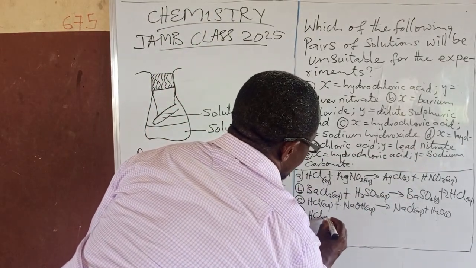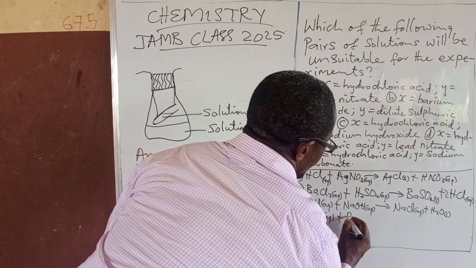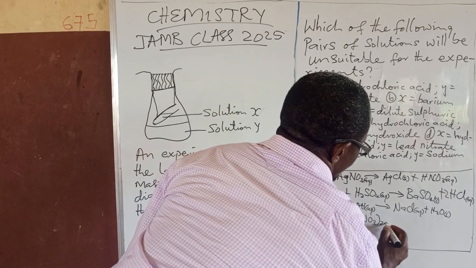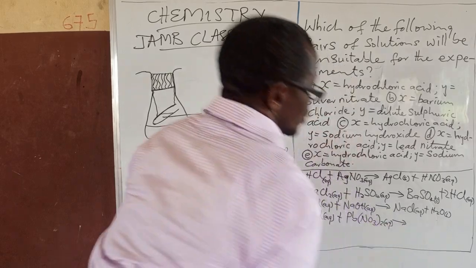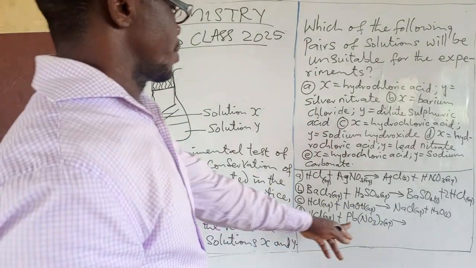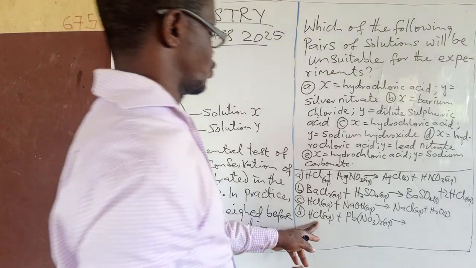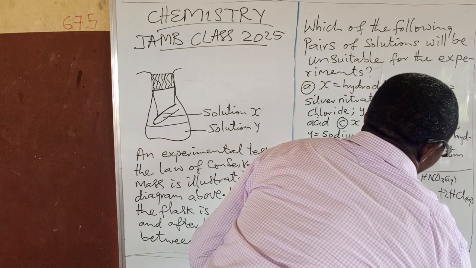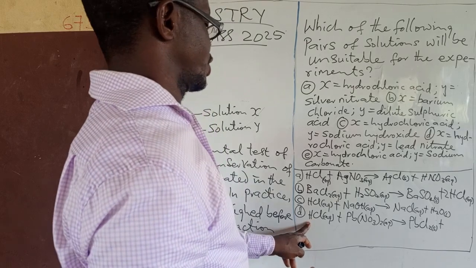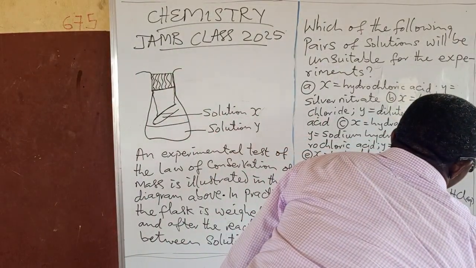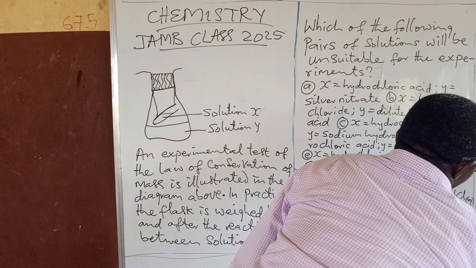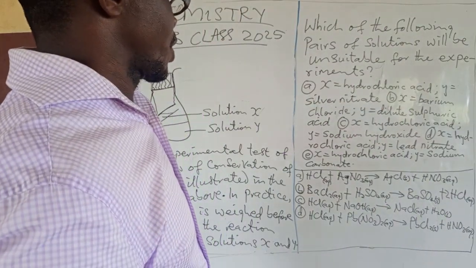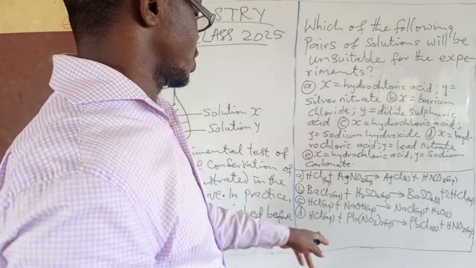HCl plus Pb(NO3)2 solution that will give you Pb will take Cl2. PbCl2 solid plus HNO3 aqueous.